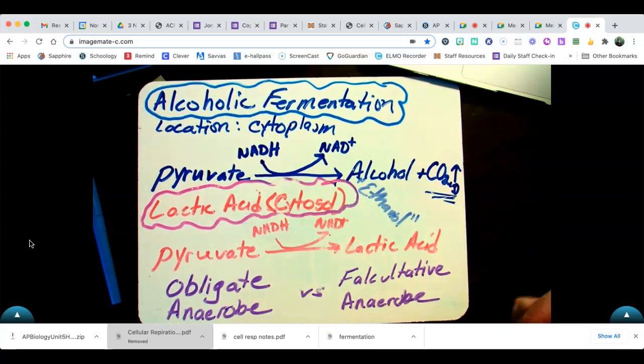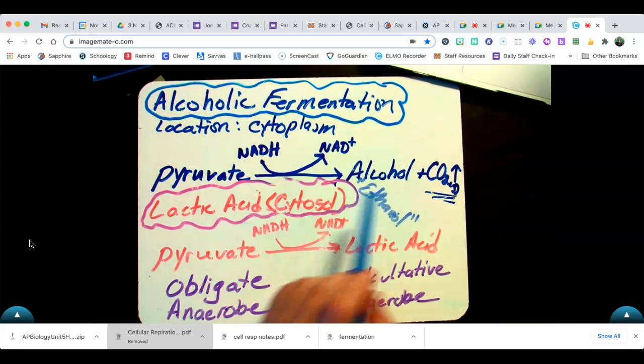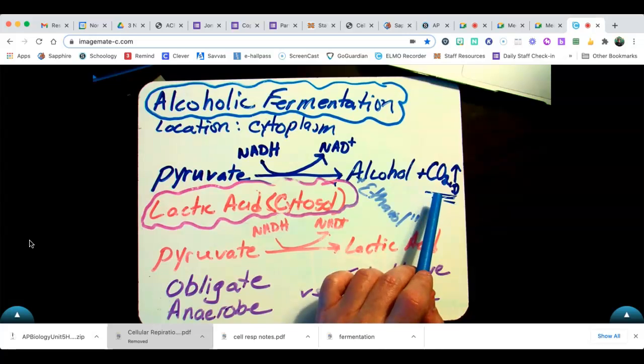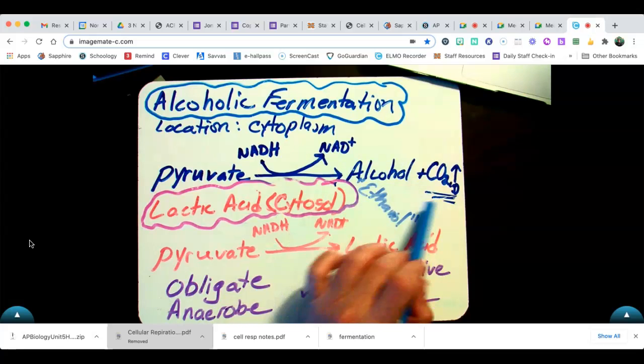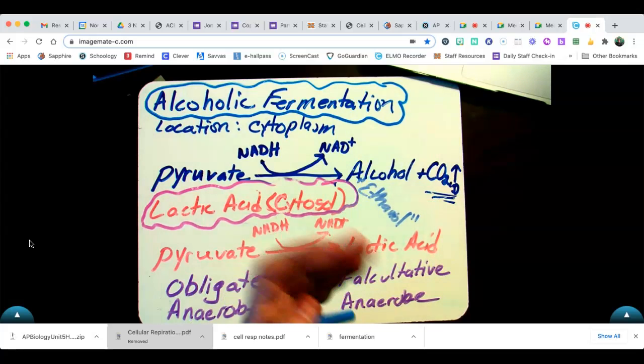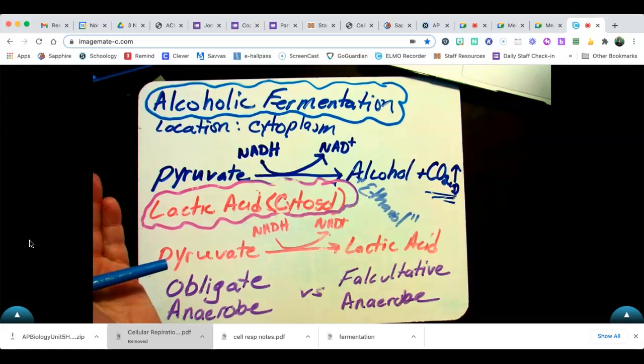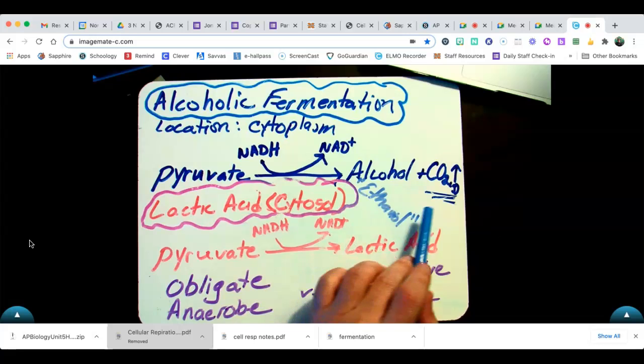Okay, so it gets converted to alcohol, and then as a byproduct, we get carbon dioxide gas, which is released. This is carried out by some plants and by yeast cells. They could survive on this.